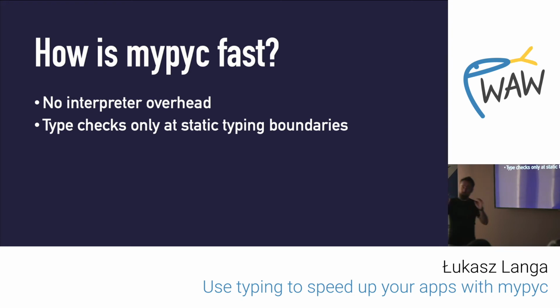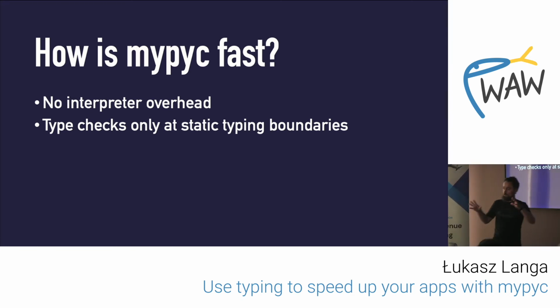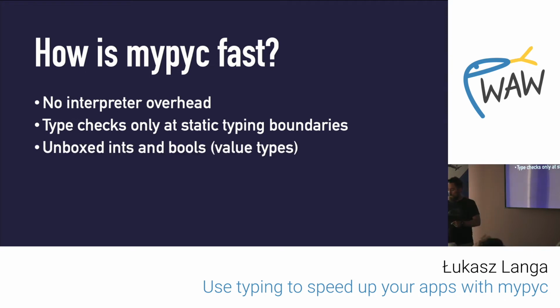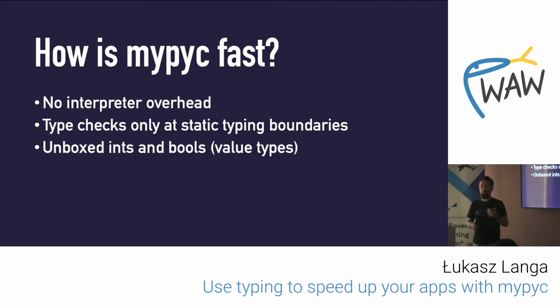But then, as I said, the type checks are only made at static typing boundaries. So all code that is fully type annotated doesn't need to be checked anymore, because we checked with an actual type checker that this checks out, this will be safe. But on the boundary where you have some Anys or something is not annotated, you need to put type checks to ensure that the list of string is really a list of string. And then booleans and ints are in fact unboxed, meaning they don't use the Python variants, they use the native variants, which allow them to be much faster.